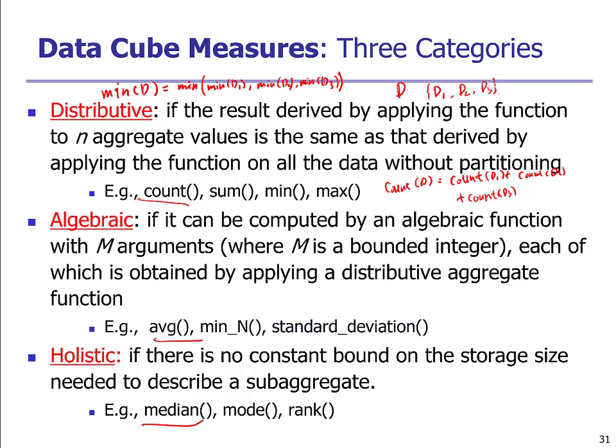Algebraic: it can be computed by an algebraic function with m arguments, where m is a bounded integer. This bounded property is very important compared to the holistic one, okay? And each of the arguments is obtained by applying a distributive aggregate function. For example, average equals sum divided by count.